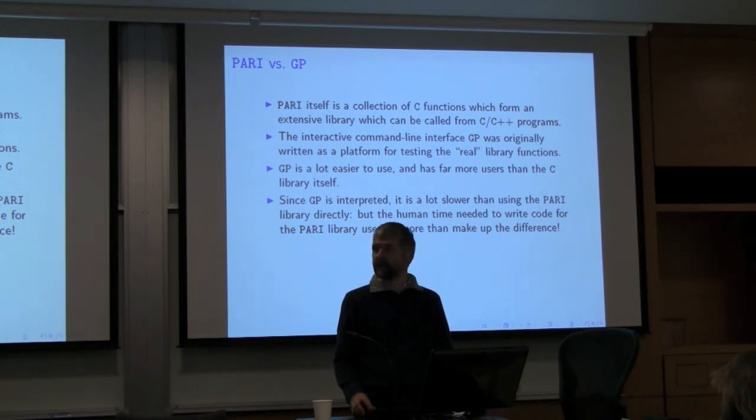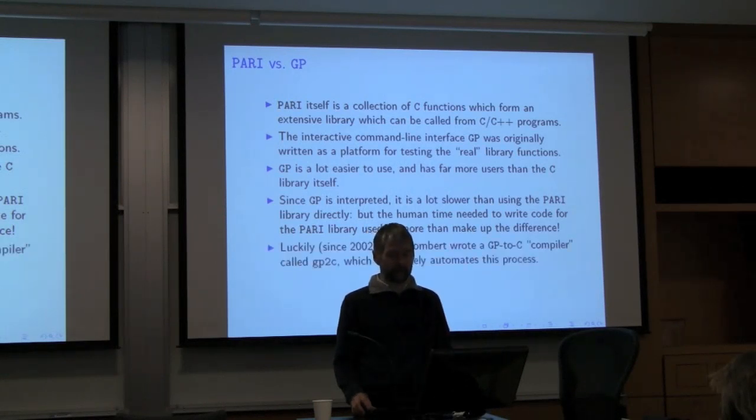So this is a common sort of tension in computing between ease of writing and speed, something that Sage knows about. And since 2002, there's been a solution for this in the PARI GP world.